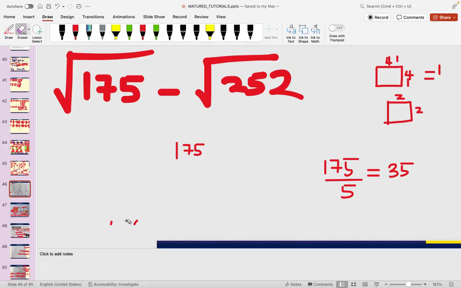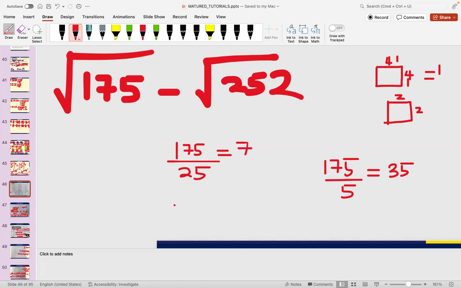Now, when it comes to this number, you ask yourself, okay, 5. I was thinking of 5. What is the perfect square using 5? That's 25. So when I divide this by 25, what am I going to get? Like he was saying, if you divide this by the perfect square 25, the answer will give you 7.